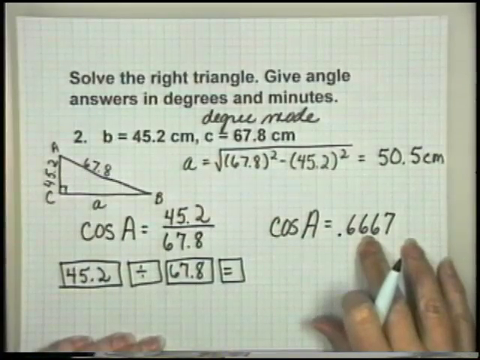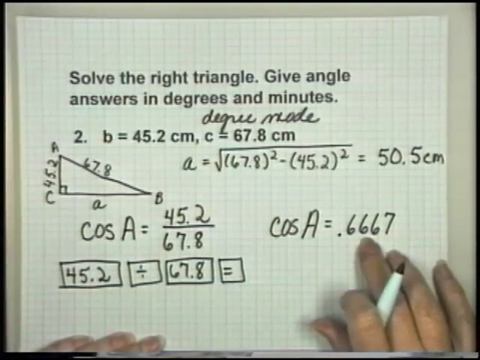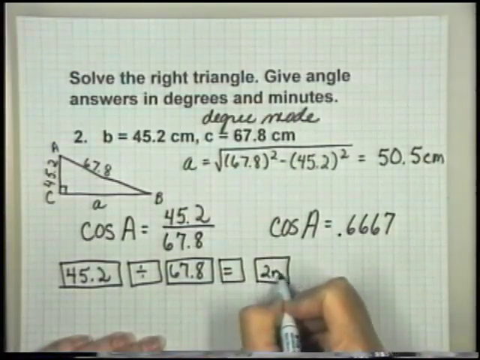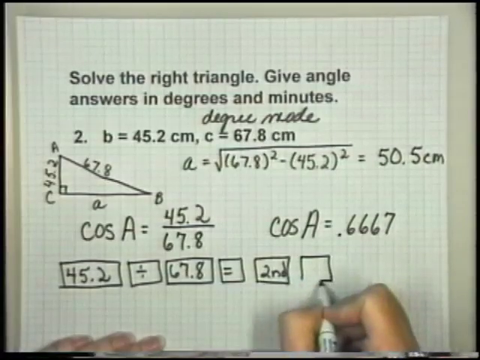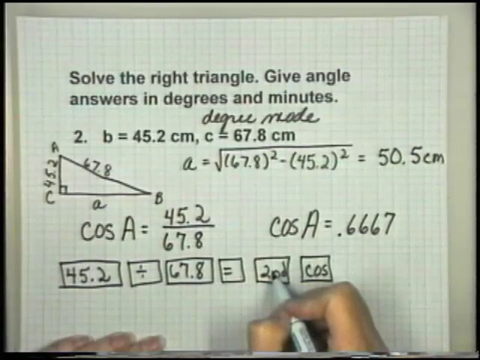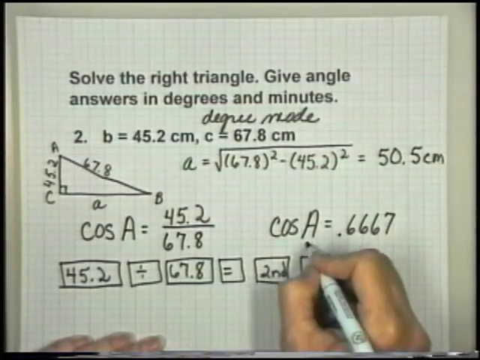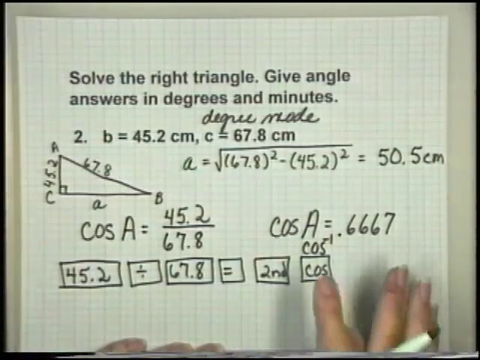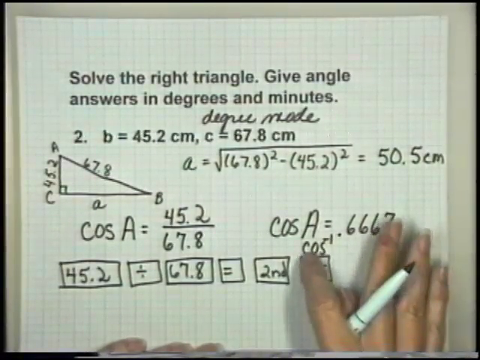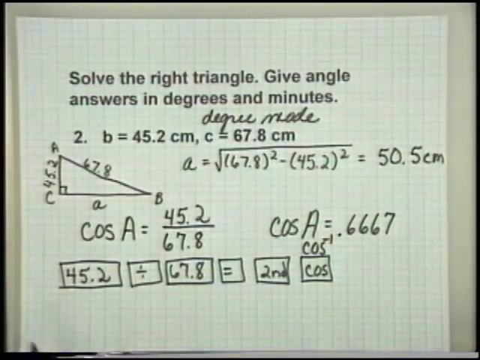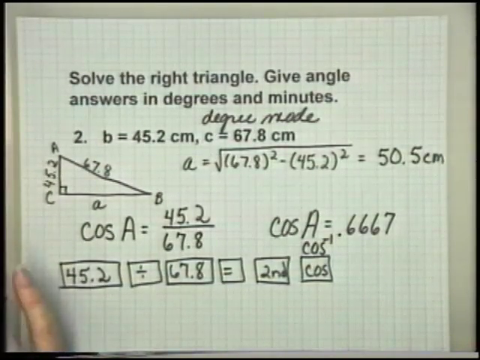After you do this, you should have this number in your calculator, and then to find the angle whose cosine is equal to this number, use your second function button and then your cosine button. When you use that second function button before the cosine button on most calculators, that represents the inverse cosine, and we know that because above the button on the calculator we have the inverse cosine symbol. So what did you get for your angle A?